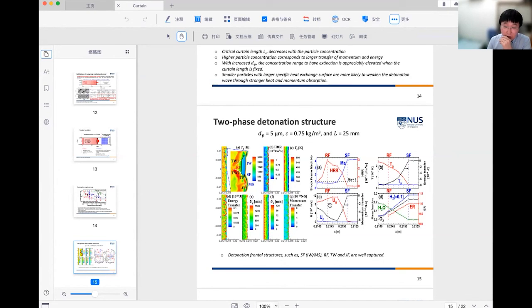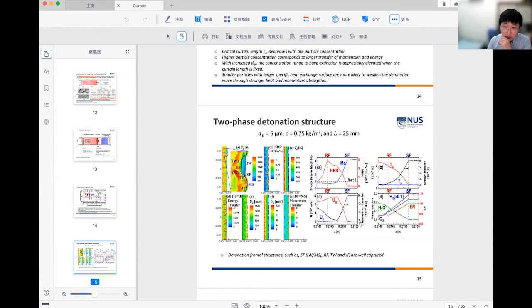Figure C is the velocity field. Different from temperature evolution, we found that the gas velocity peaks inside the induction zone between the reaction front and the shock front. And the particle velocity is still slightly increased.